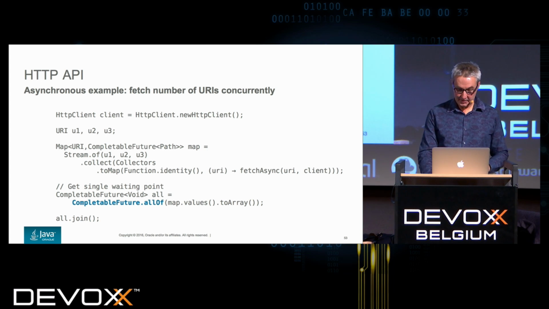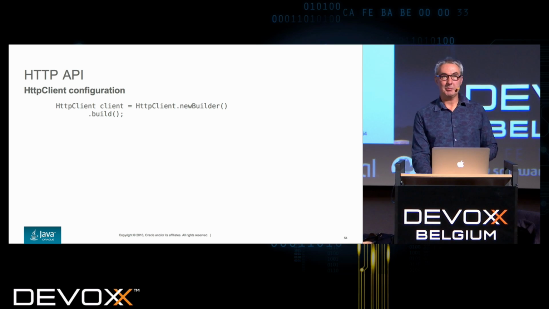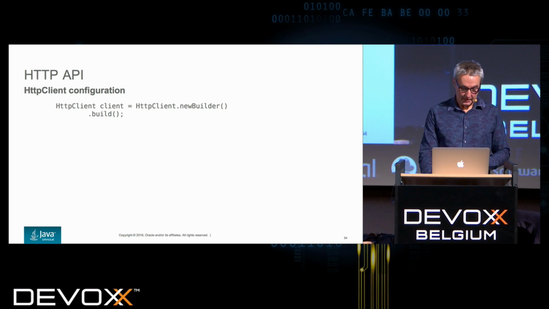So we'll just step back and look at the HttpClient class and how it gets configured. It has a very similar builder type of architecture. You call HttpClient.newBuilder, and it returns an HttpClient.Builder object.